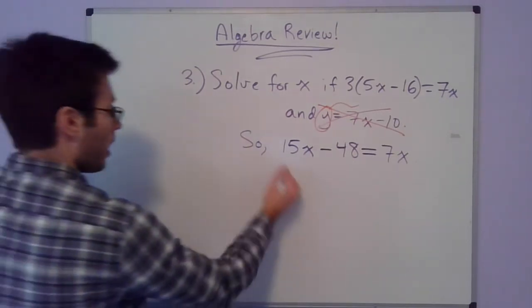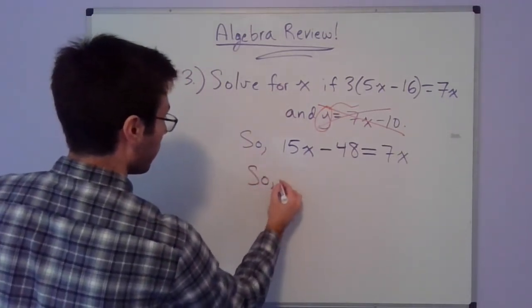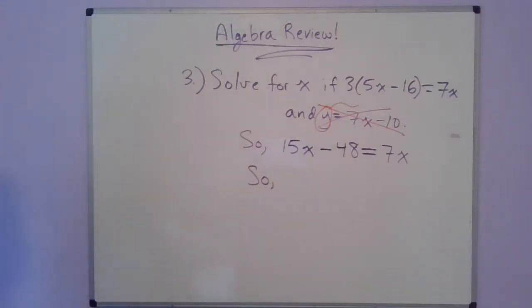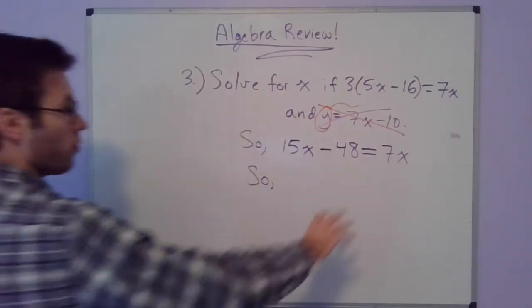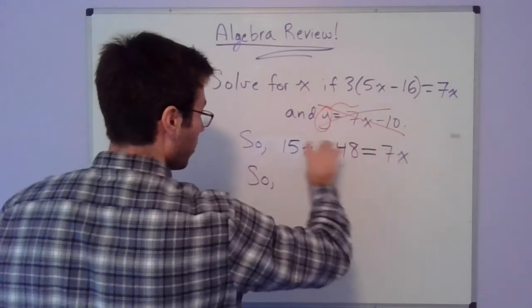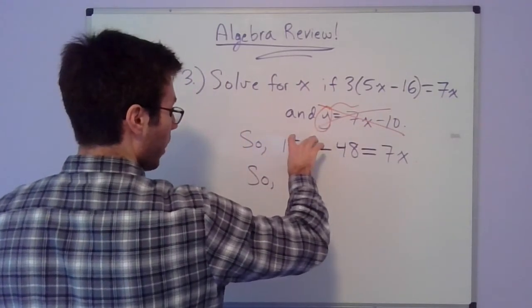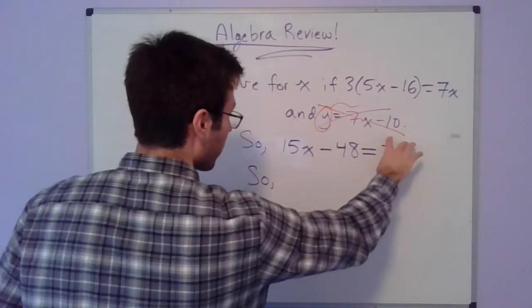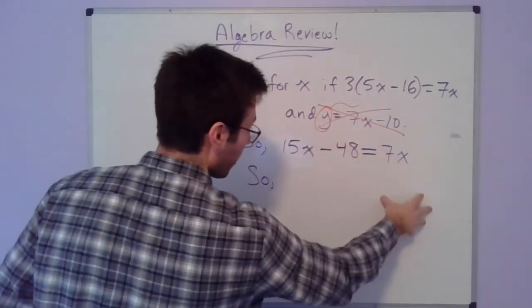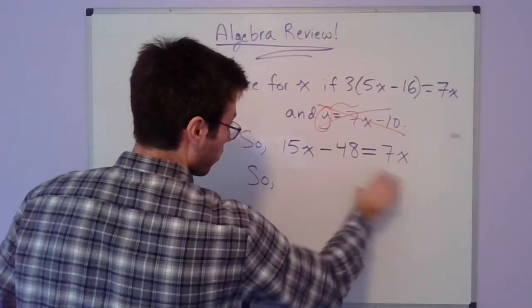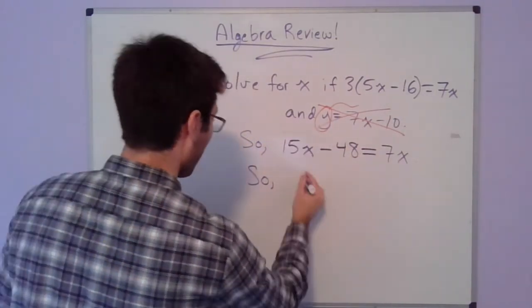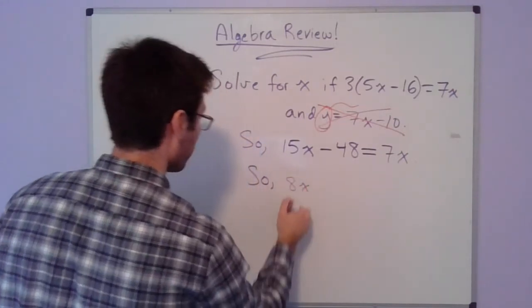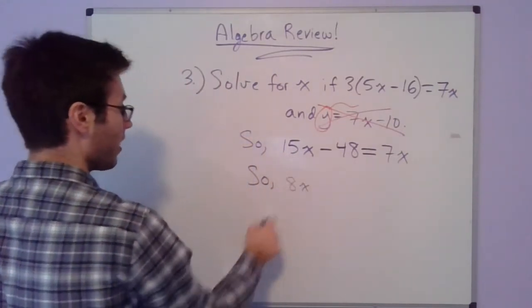At this point in time, I'm on to here. For my next step, I'm going to subtract 7x on both sides. When I subtract 7x on both sides, 7x is gone over here. So I subtract 7x on this side, and I am left with 8x, because 15x minus 7x is 8x.